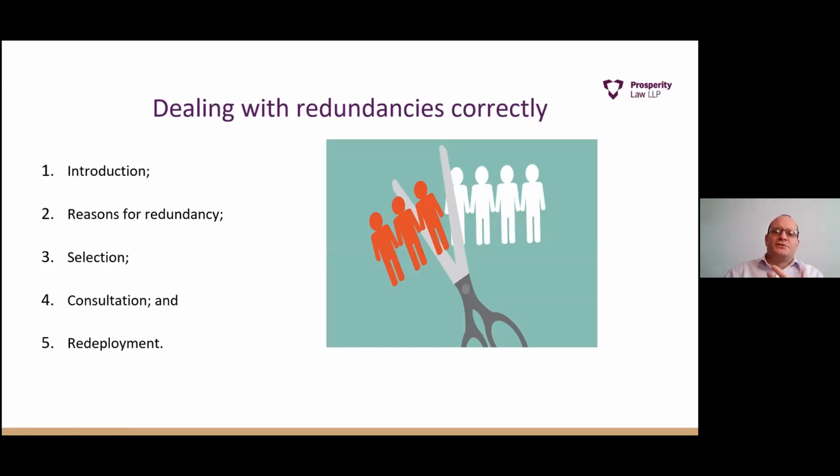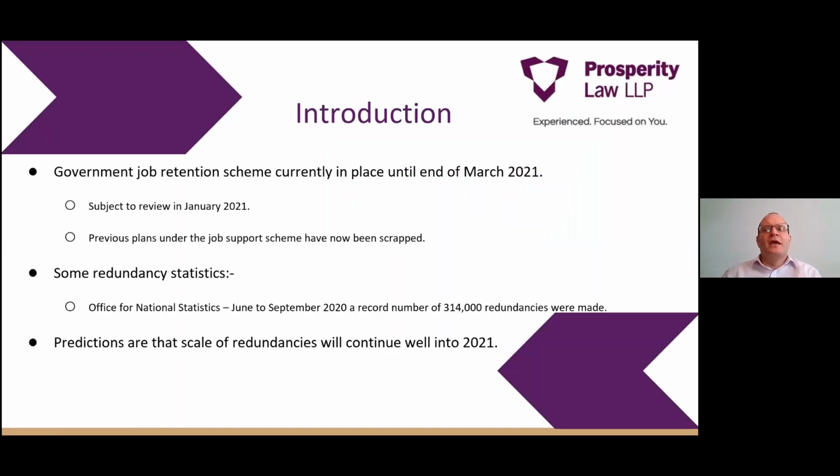So in getting these areas right, we're protecting ourselves as the employer, and it will go a long way to ensuring we don't get any unfair dismissal or other claims issued against us. I've tried to make this as practical as I can, so I've tied in common issues that we might have with employer clients and practical issues that may arise from time to time. So hopefully it will help in that sense.